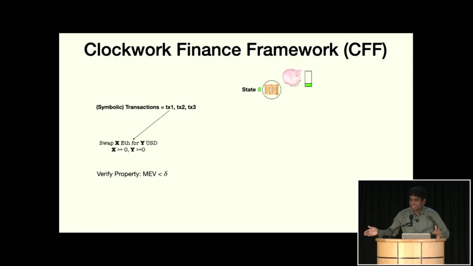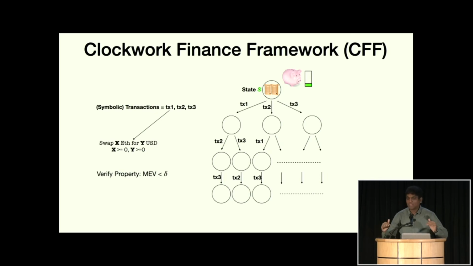Suppose transactions 2 and 3 are user transactions, which are concrete. Transaction 1 could be a transaction inserted by the miner, which says, I want to swap X ETH for Y USD. There are some preconditions on X and Y, namely X and Y should be greater than 0. And now we want to verify the property that MEV is less than some bound delta.